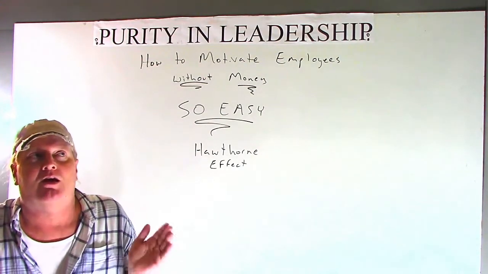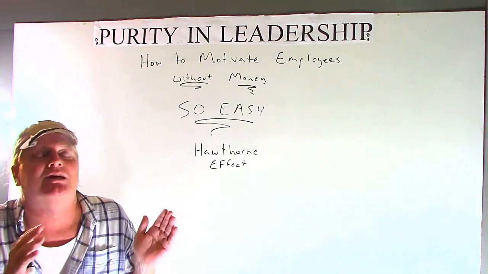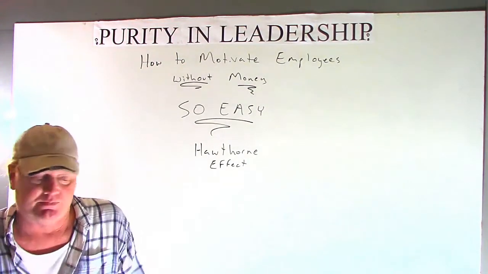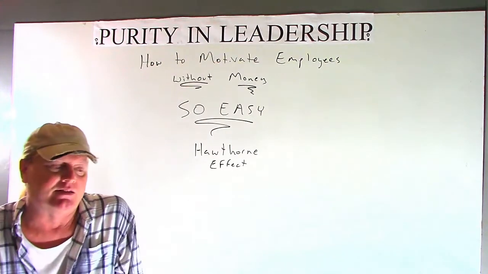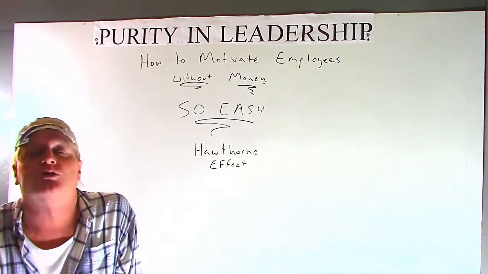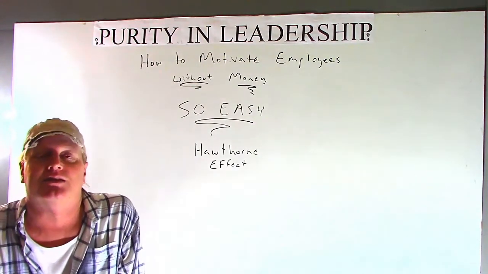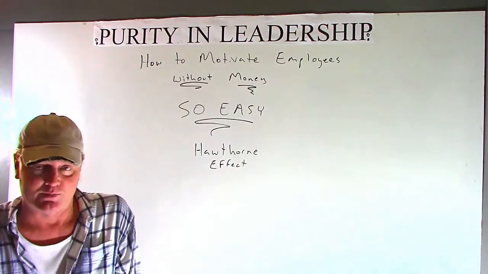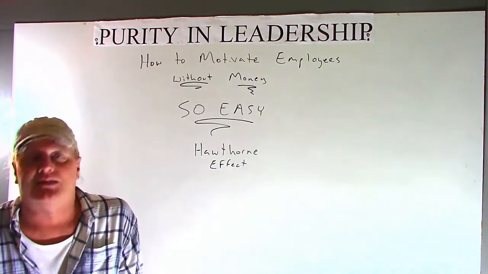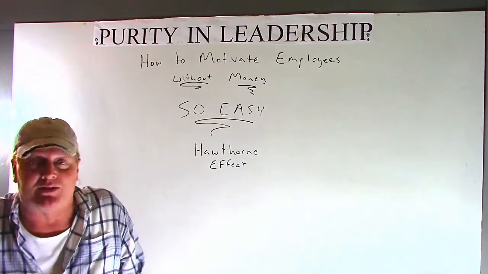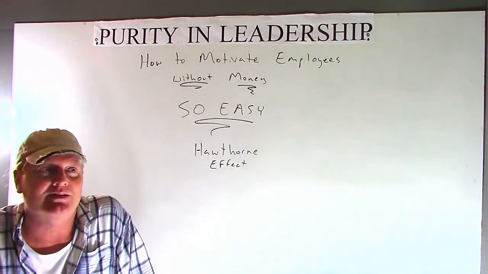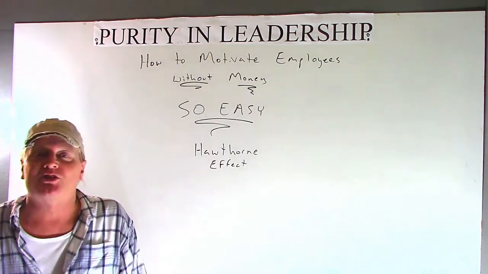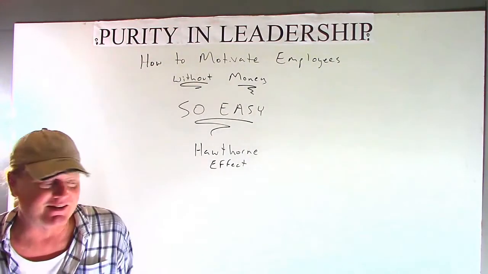So they said, okay, there might be a correlation between light levels and productivity. So they came back, maybe the next week, and said, hey, would you like more light? And the ladies said, yes, we would like more light. Well, they did the studies and productivity went up again. So they're going, man, this light thing and productivity, we could bring the sun in here and get a lot done, right?